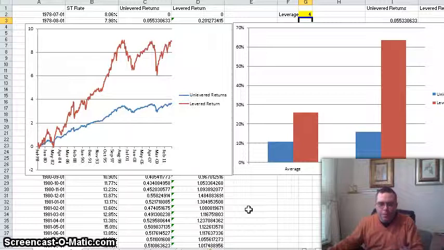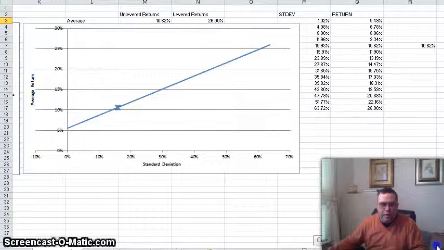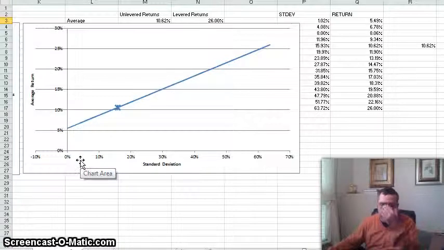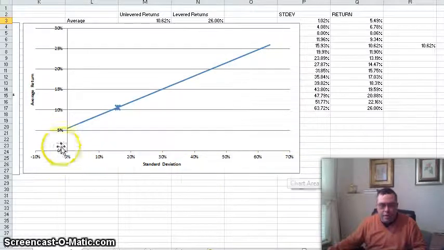You can do that for a whole bunch of different leverage ratios, and then you can make this graph right here, which I made earlier. This graph shows the trade-off between risk and return that you could have earned over that 40-year period. On the x-axis, I have standard deviation. On the y-axis, I have average return.